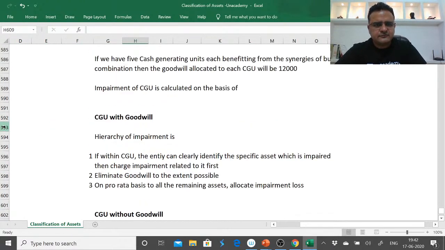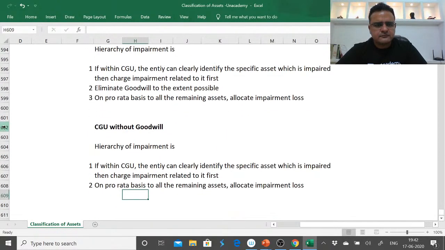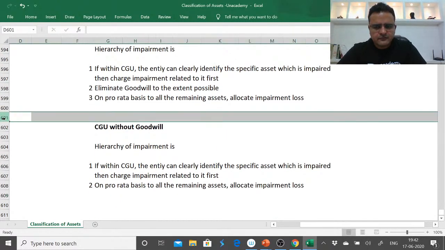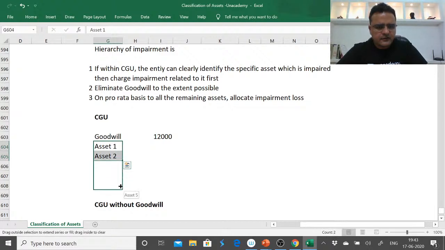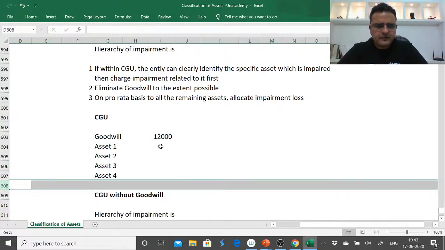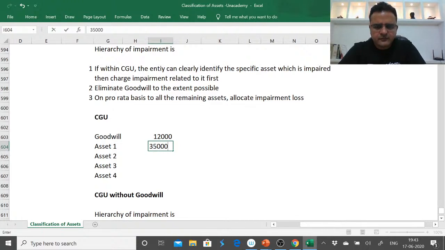So how it is done? Suppose there is a CGU which has goodwill allocated of 12,000, asset 1, asset 2, and there are four assets. If we calculate the value, 35, 40, 45,000 and 50,000.